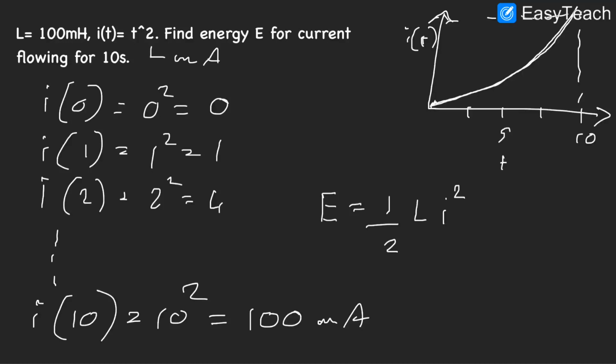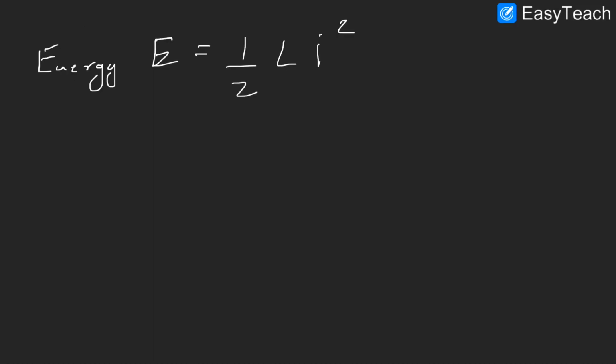So my energy in an inductor, E, is going to be half times Li square, inductance times current square. So my inductance is 100 millihenry. So it's going to be half times 100 into 10 power minus 3.